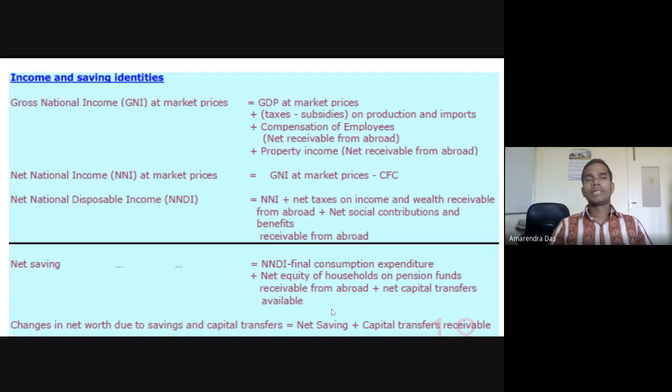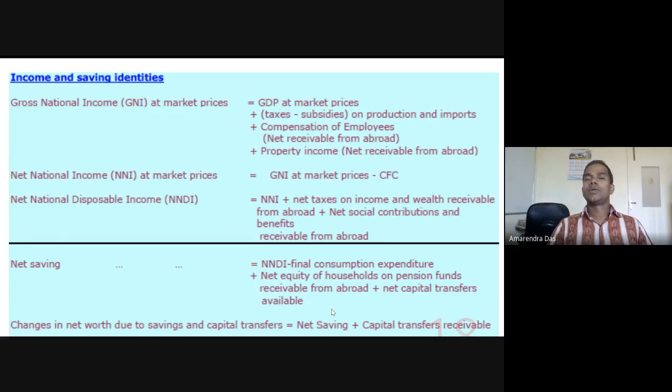Similarly, if you look at the income and saving identities, then gross national income at market price is equal to GDP at market price plus the taxes minus subsidies on production and imports, plus the compensation of employees net receivable from abroad, and plus property income net receivable from abroad.